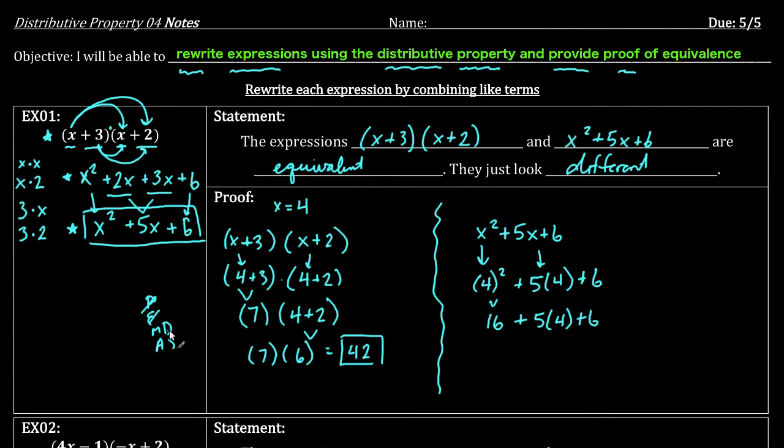Now we're going to multiply and divide from left to right. So a positive times a positive is a positive 20. 16 plus 20 plus 6. 16 plus 20 is 36, and 36 plus 6 is 42.